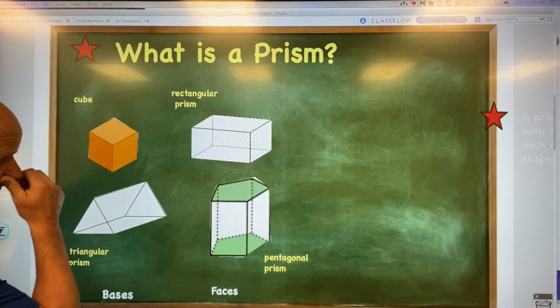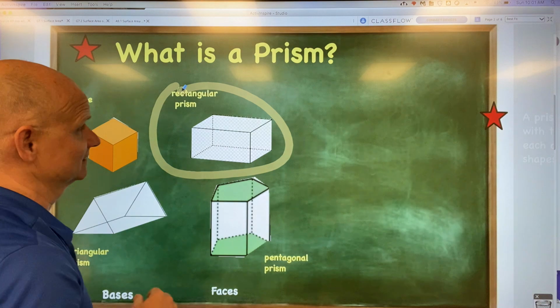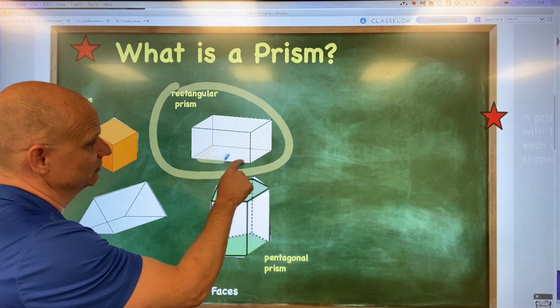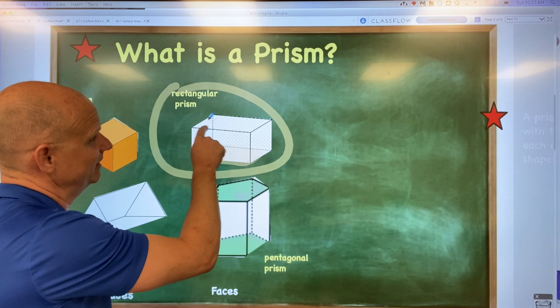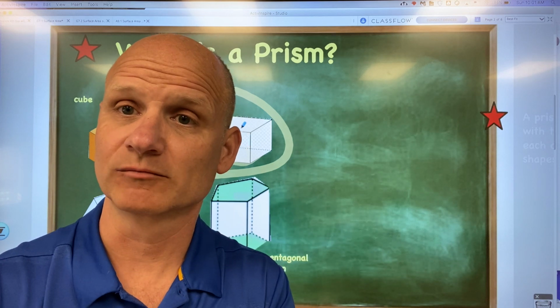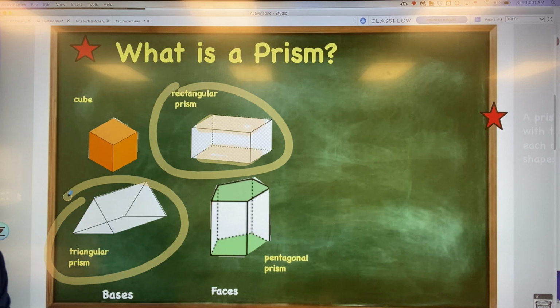So when you look at this prism right here, it's called a rectangular prism because it's got a rectangular base. Why is this called a triangular prism?